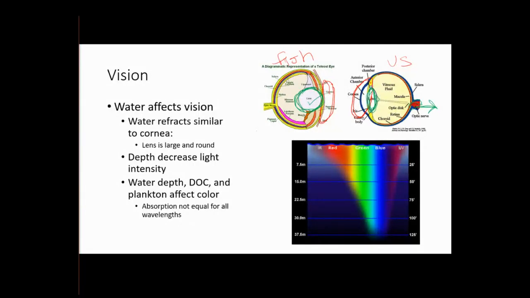So if we think about going into the water, the deeper you go, the less light in general is going to penetrate. So the deeper you are, generally the darker it's going to be. That alone is going to have a negative impact on how well you see.